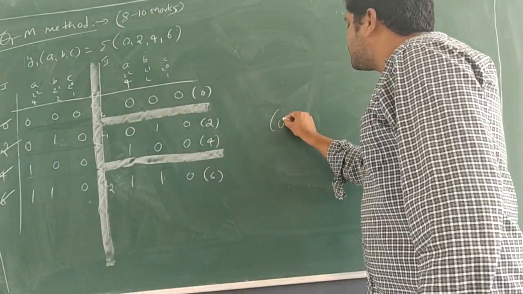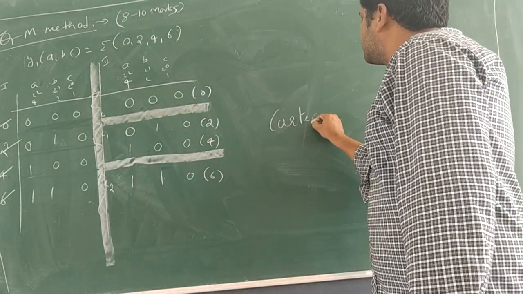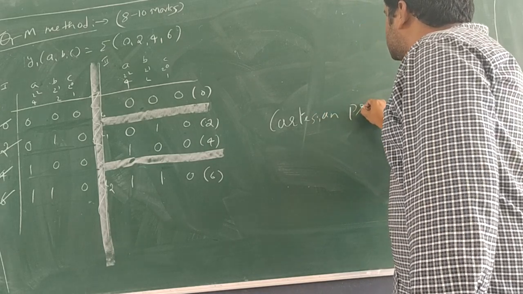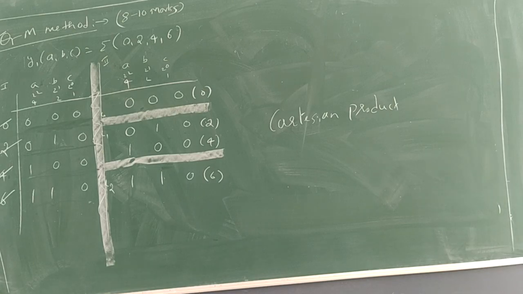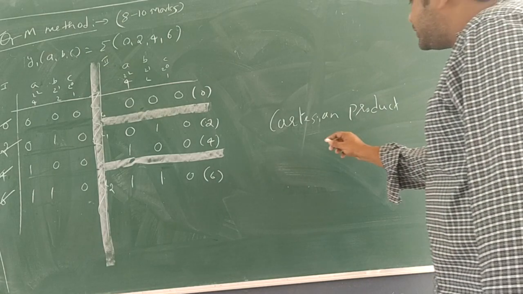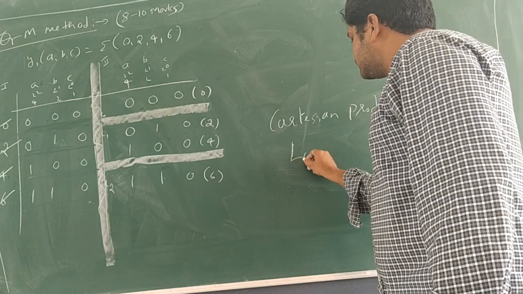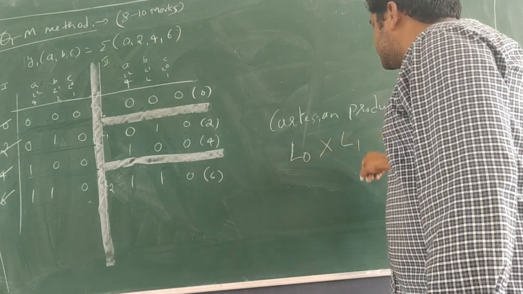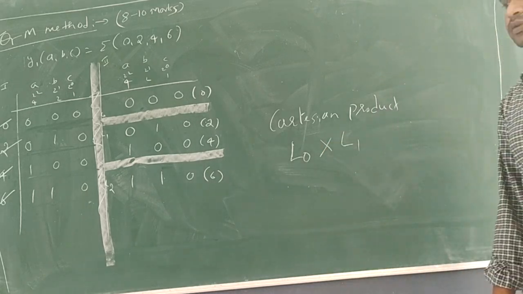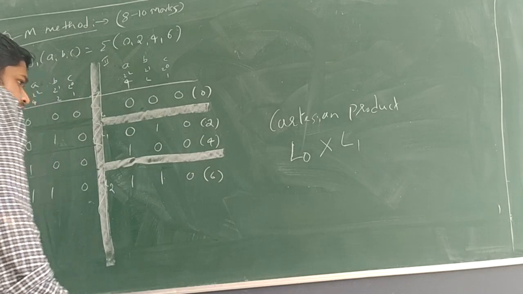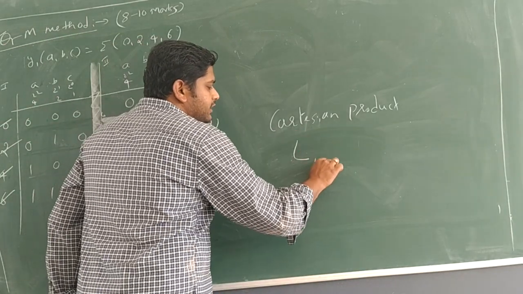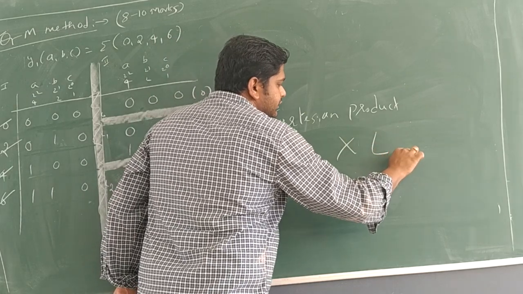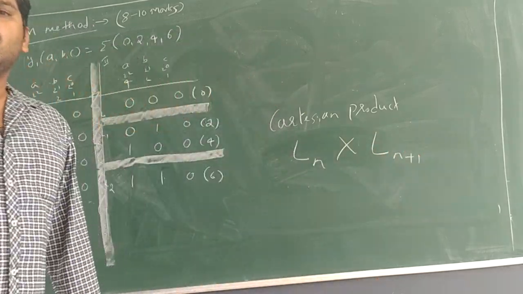Now comes Cartesian product. So now it should take place between L0 with L1. Here I will first write the general definition: Ln with Ln plus 1 only.